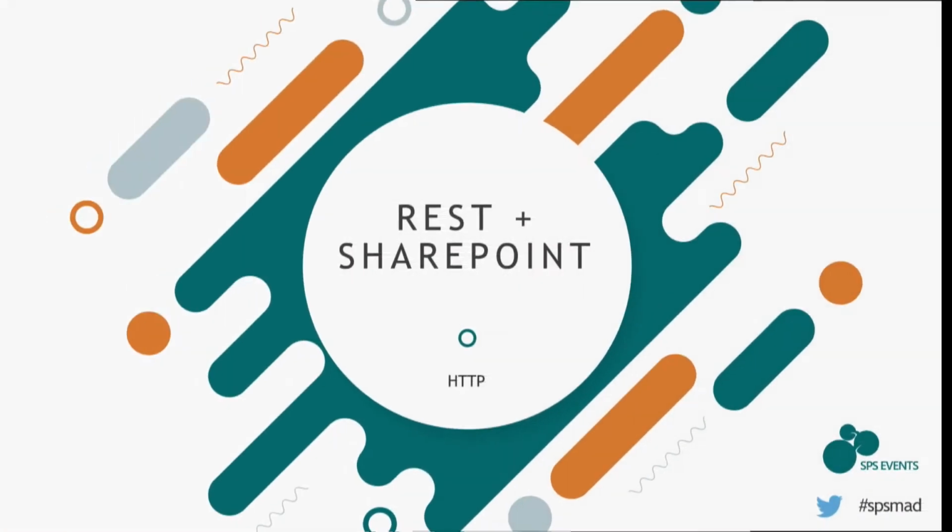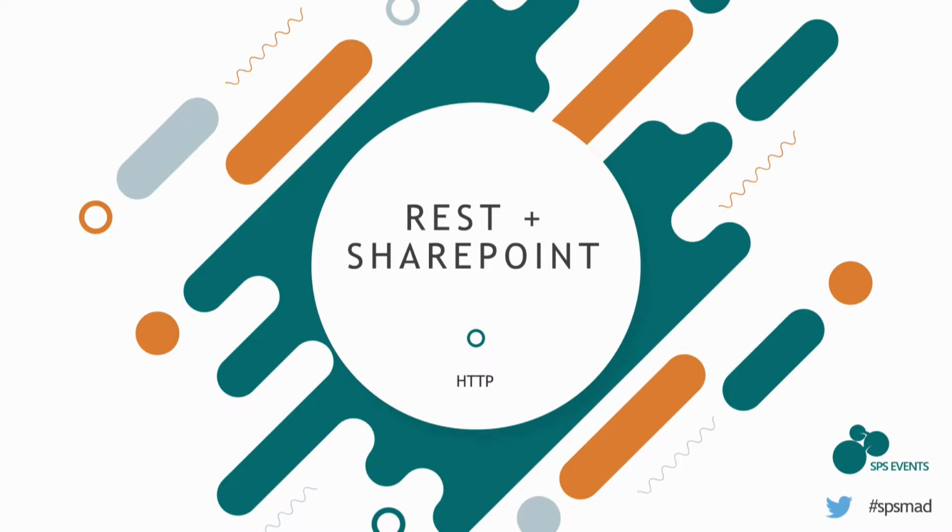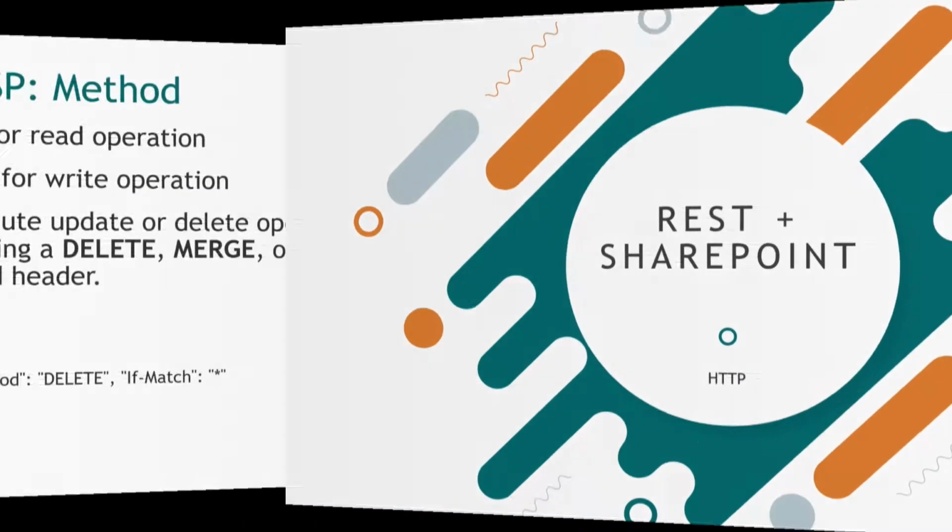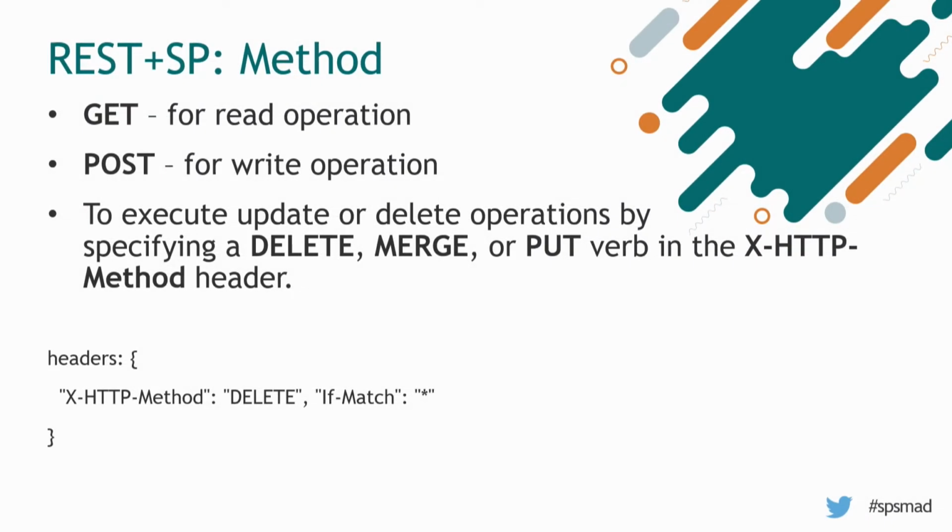OK, so how does it look in a SharePoint world? In fact, in SharePoint, we can use only 2 HTTP methods. The first one is GET, and the second one is POST. In case we would like to execute something else, like DELETE, MERGE, PATCH, or whatever else, we are using a special header, X-HTTP-Method, to provide what method we would like to execute.